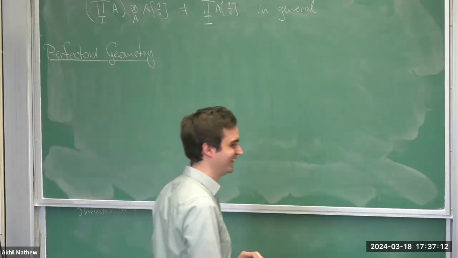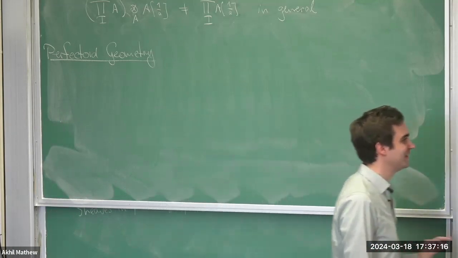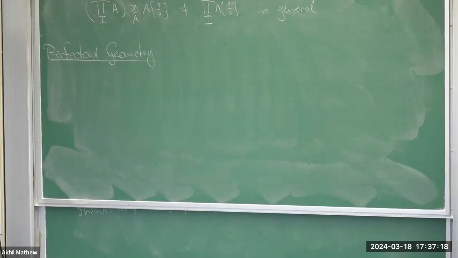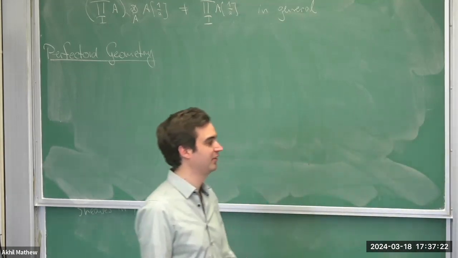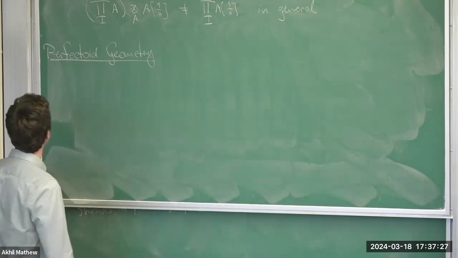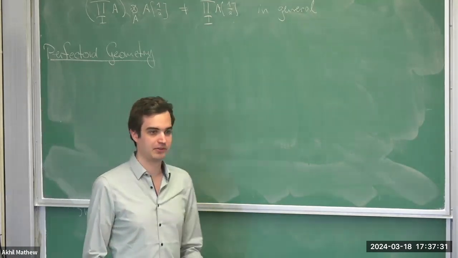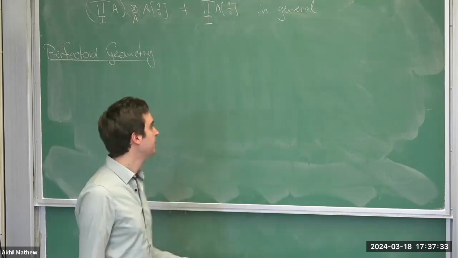I'm sorry. Okay, so let's get back to rigid geometry. We have all this knowledge about solid classically here. Now I want to apply it to the study of p-sheaves on rigid spaces. And well, the first question is how do we relate p-sheaves to anything classical?